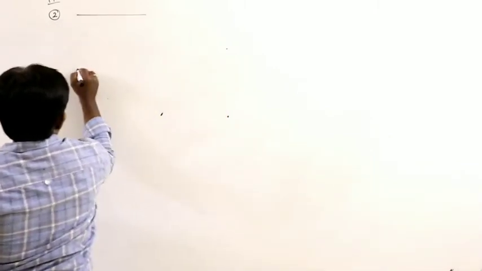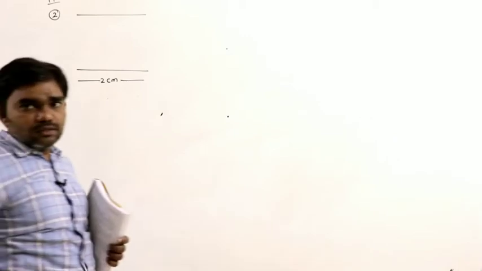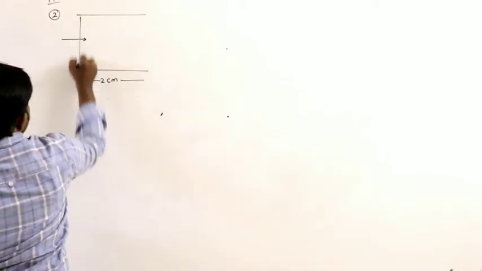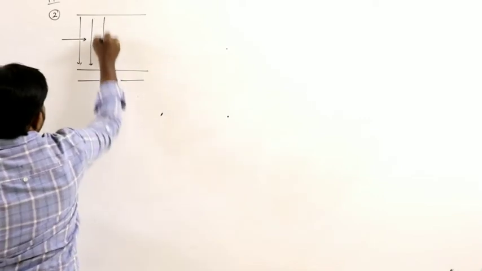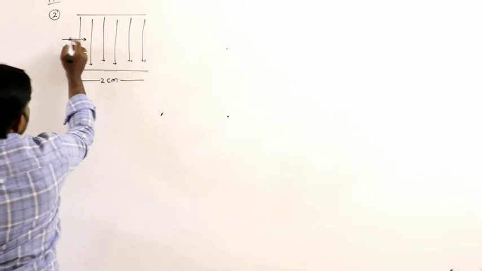The deflection the electron experiences at the deflecting plates is asked. See here, these are the two deflecting plates, the length is 2 centimeters, and this is the direction of the electric field.